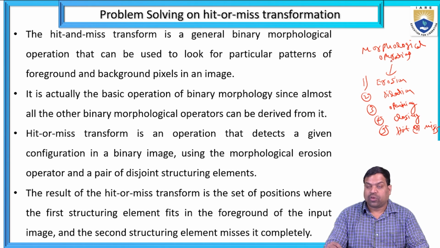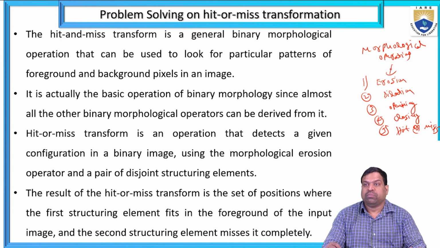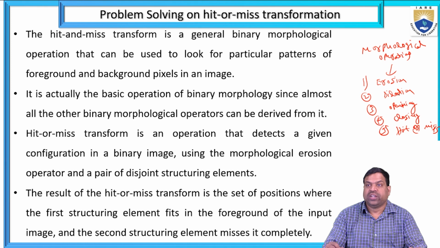So the morphological operations are basically 5 types: erosion, dilation, opening, closing, hit or miss transform. In the previous sessions, we have completed erosion, dilation, opening and closing. Today I am discussing about hit or miss transform.